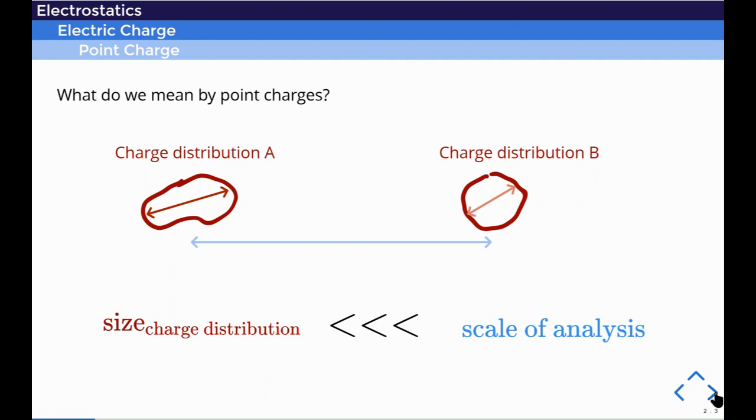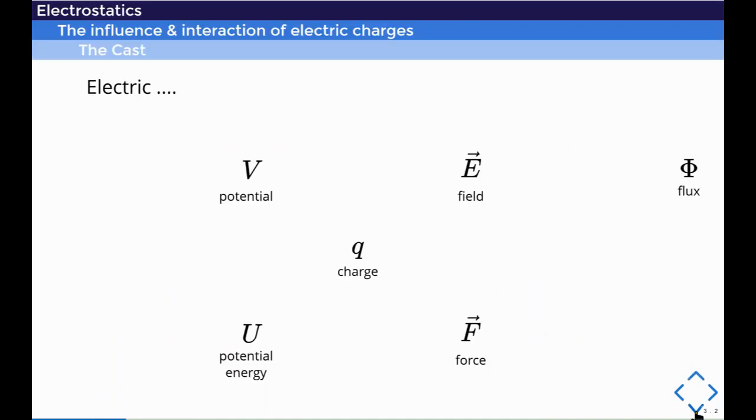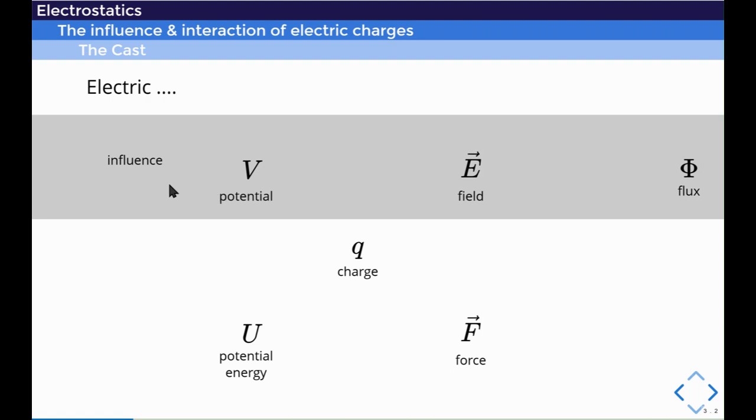Now, remember from last time that we talked about the electric charge, and we mentioned a little bit the rest of the cast that comes with it. So you have that central character that is playing the role of the new protagonist in the story. And then there are all these new characters that we're going to have to think about in relation to this. There are going to be some characters that are just about the influence of that charge.